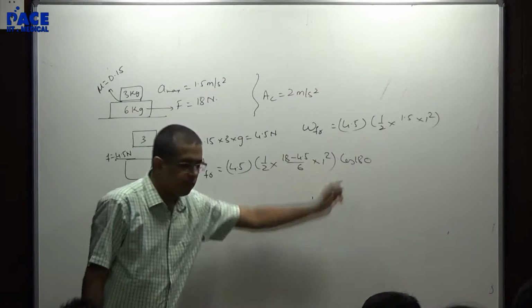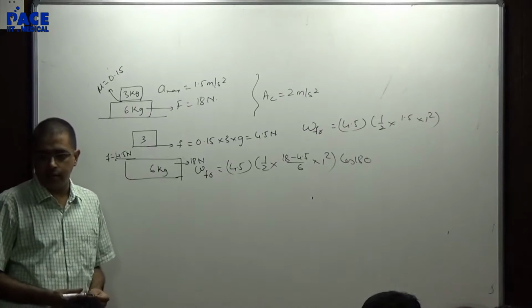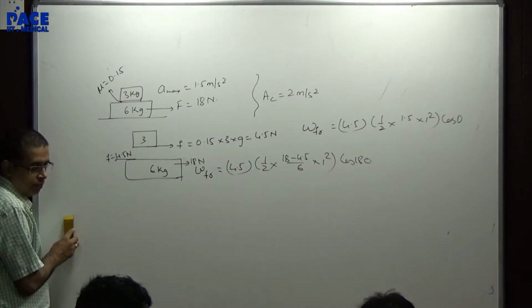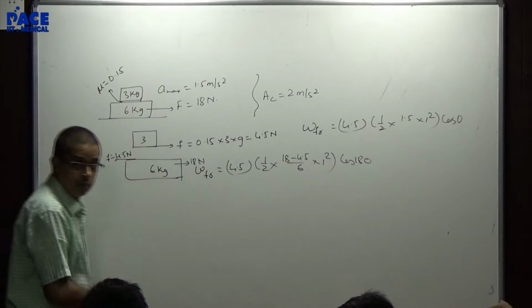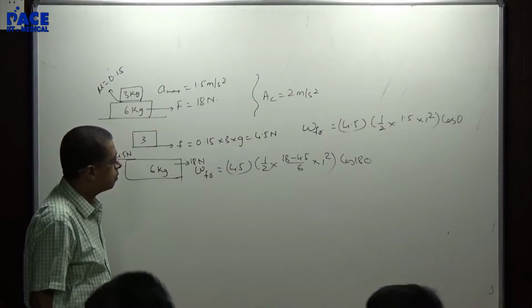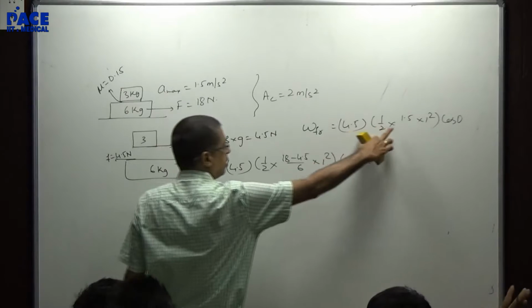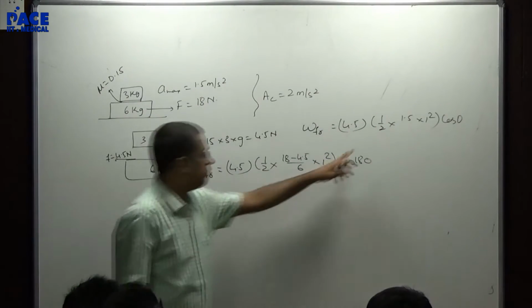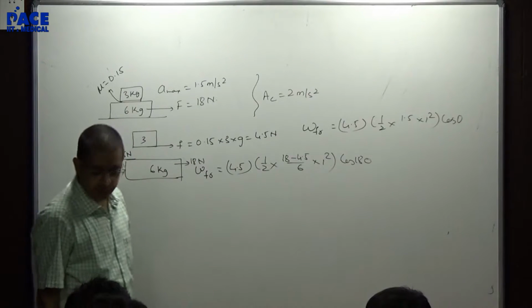Force and displacement are in opposite directions, cos 180. So why is the total work done by friction not zero? Because the displacements are different. The accelerations of both the blocks are different, so the displacements are different. So total work done by friction need not be zero here.